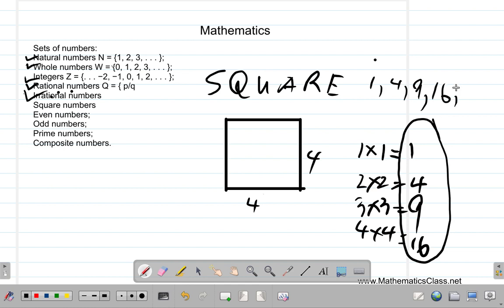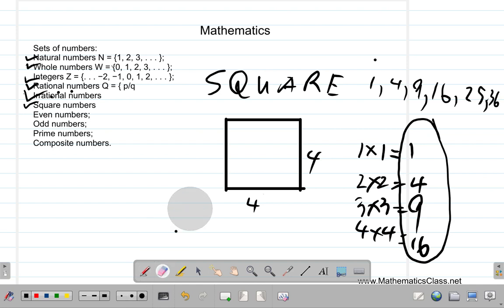What do you think the other one would be? It's 25. Next, 36. And so on and so forth. When you square a whole number, you get a square number. So, these are square numbers. So you see those.